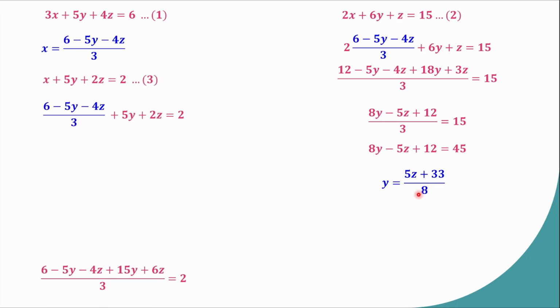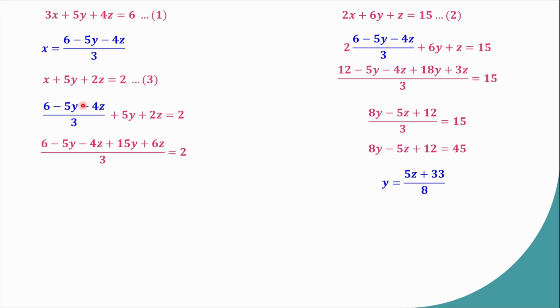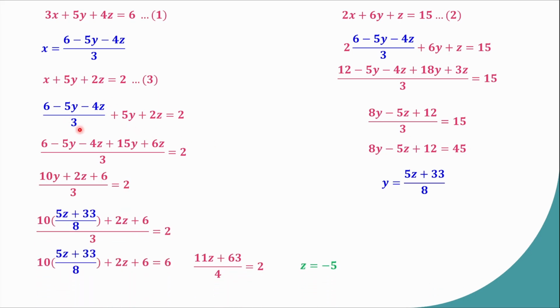Then you can put the value of x in equation 3, and if you try to solve it, then you will get the value of z equals minus 5 ultimately. And then if you get one value, you can put that in the other equation, try to reduce its complexity, and then you can combine with other equations also to ultimately get all of these values. Okay. So that is just how you solve this 3 variable kind of problem.